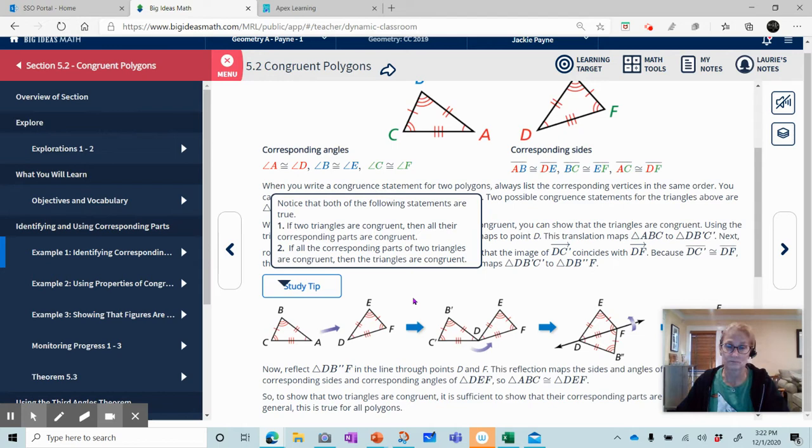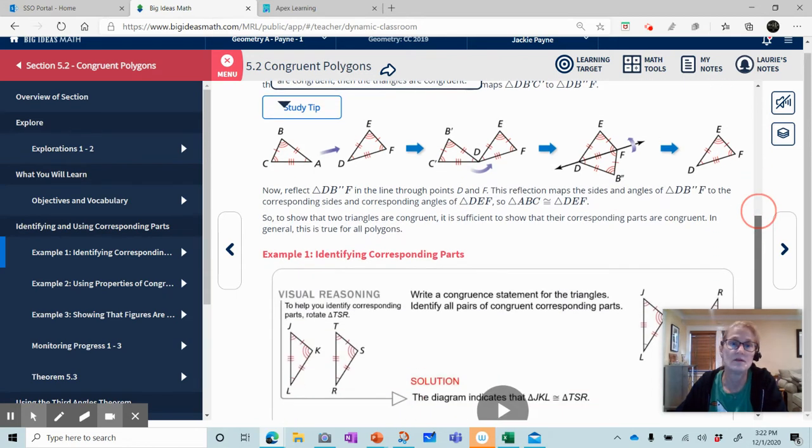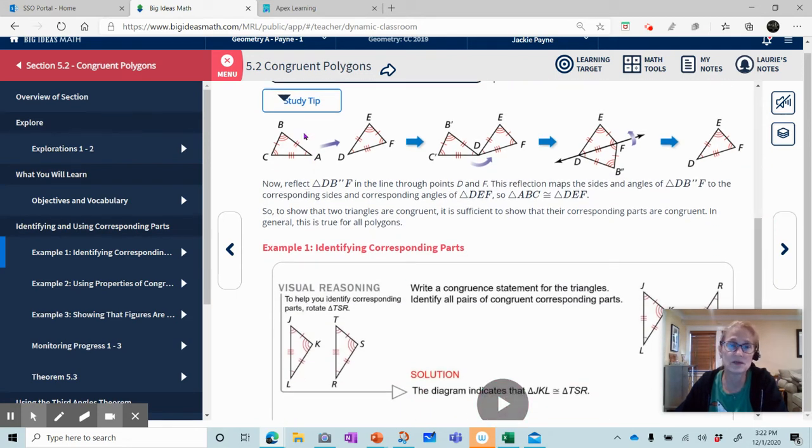So if the parts are congruent, then the triangle is, both ways. Further, if you can take ABC and change it with some kind of rigid motion or an isometry that we mentioned, if you reflect it and then rotate it, then that's sufficient to know that they are congruent.